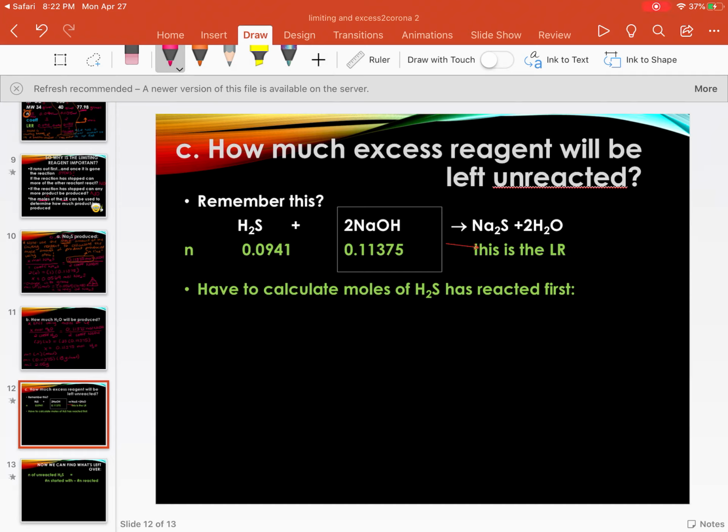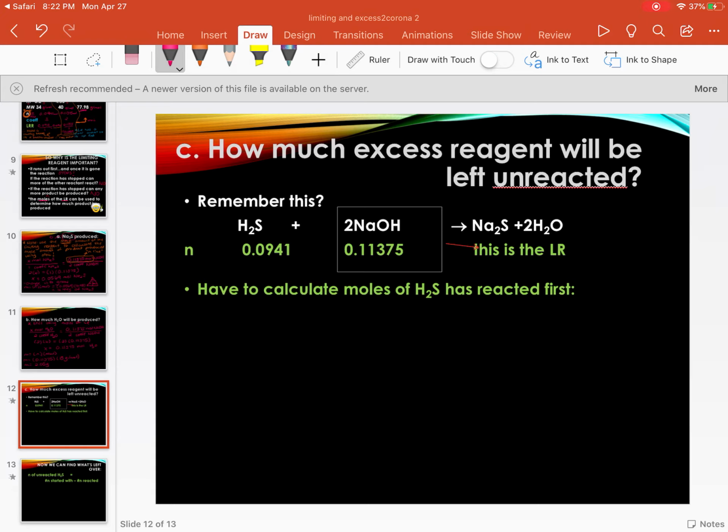Okay, so how much excess will be left unreacted? All I've done here is, because it was a long time ago, I have included the end line from your table. So if you don't want to write this out, you don't have to, because you can look at your notes.